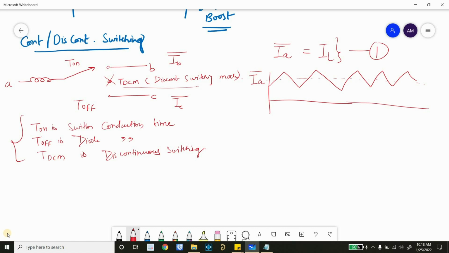Now let's talk about when the switch is on. When the switch is on, only this part of the inductor waveform will work, right? This is for off, and this is again for on. If we divide them quickly, when the switch is on, we'll see only this waveform, right?